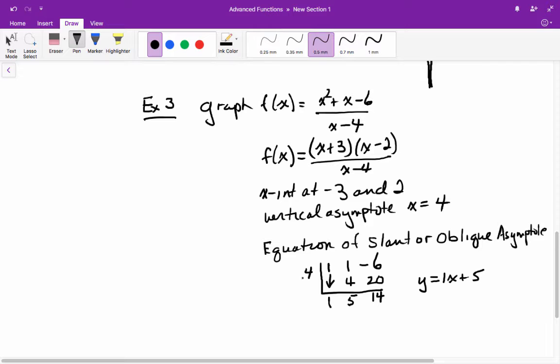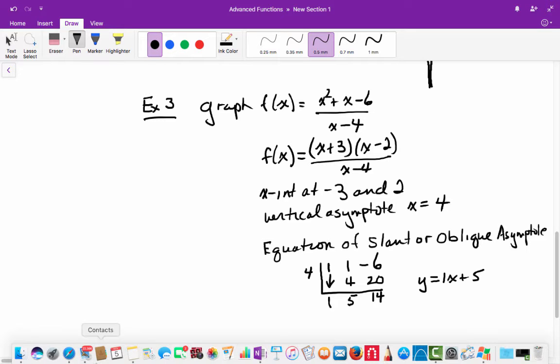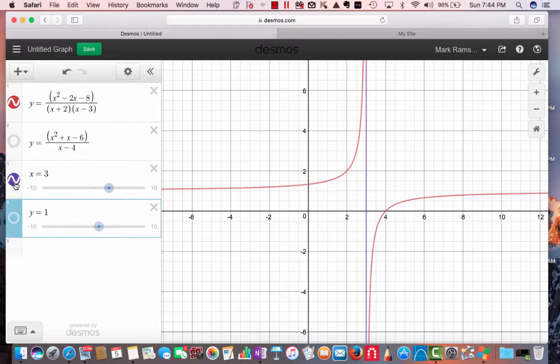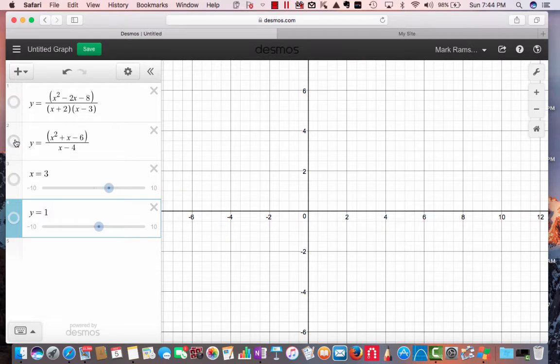Now, if we switch back to Desmos, I've already got this equation entered. I will get rid of some of these things. I'm going to need to zoom out a little bit here.